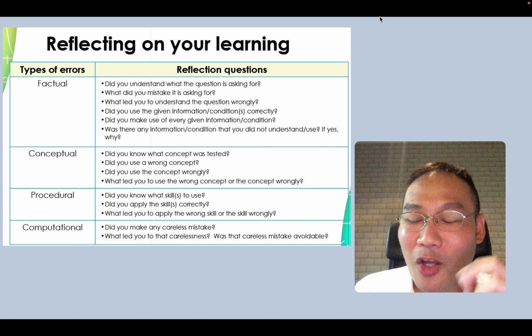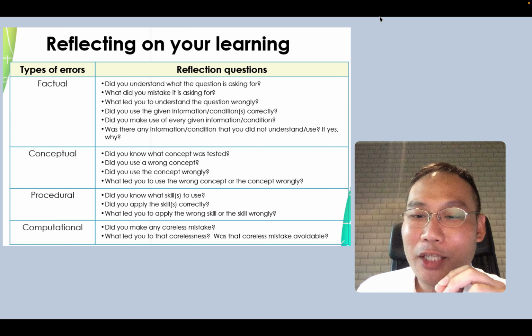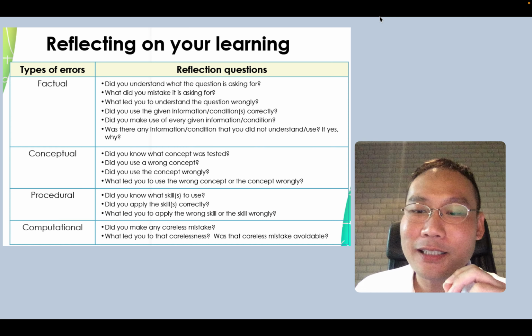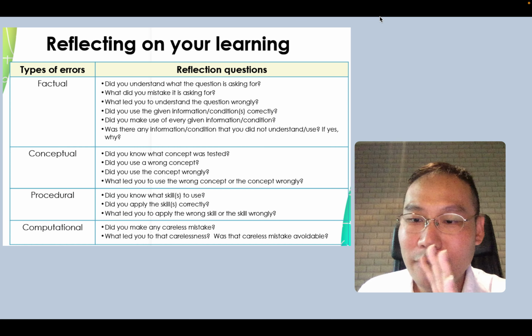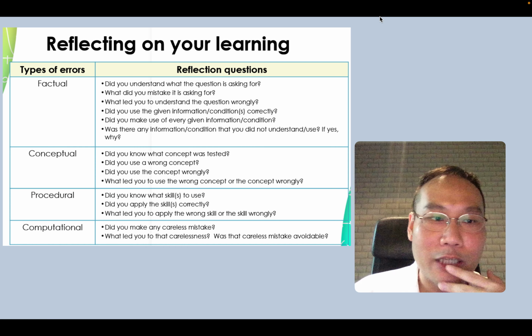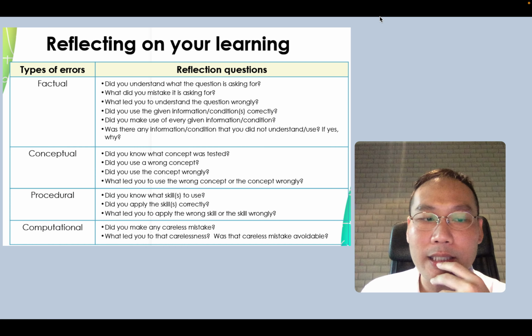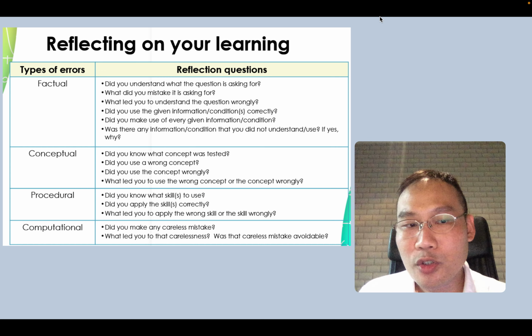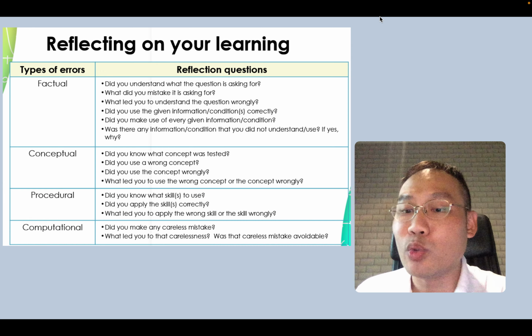But in order to make the mistake more valuable, right, we need to actually understand that there are different types of mistakes. Okay, so in mathematics, there are generally four main categories. You have factual mistakes, conceptual mistakes, procedural mistakes, computational mistakes. So feel free to pause the video to read in detail some of the questions we ask ourselves.